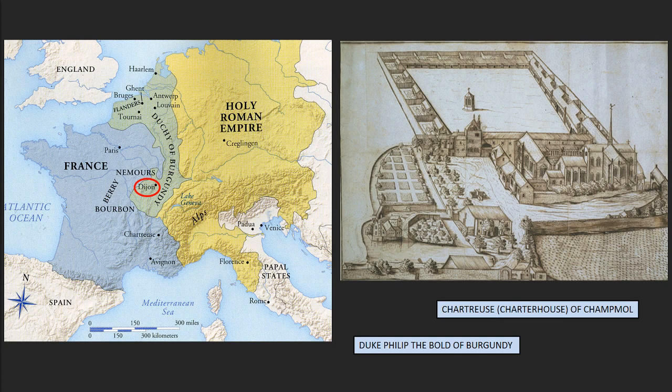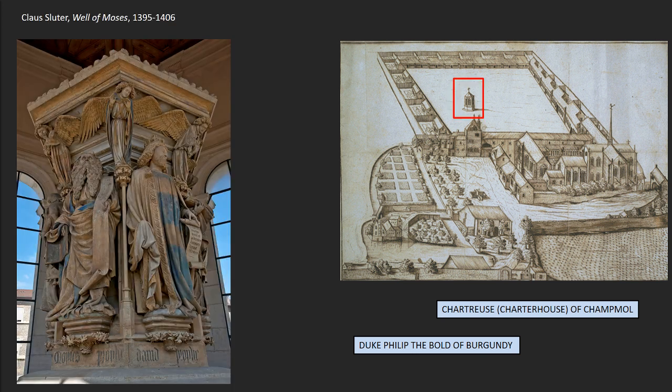So this is an important site because Philip is not only founding it for the prayers he's going to get from the monks and the place to bury his family, but over and above that, he's going to adorn it with works of art that he's paying for, right? And the most famous work from this, and something that's worthwhile talking about, even though it's not here, is the Well of Moses, which is absolutely fantastic.